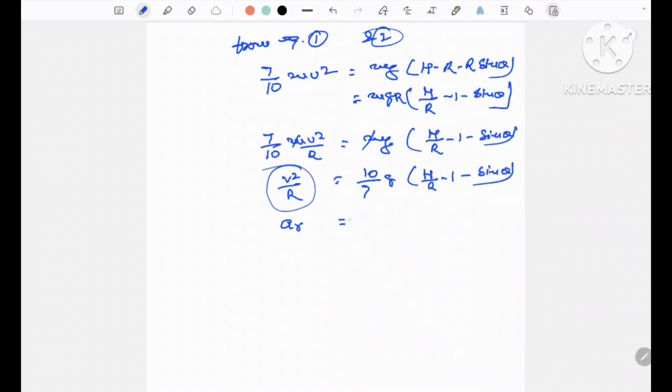So ar, radial acceleration, is 10/7 g(h by r minus 1 minus sin theta).